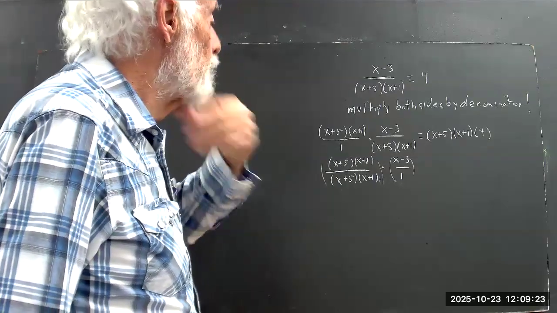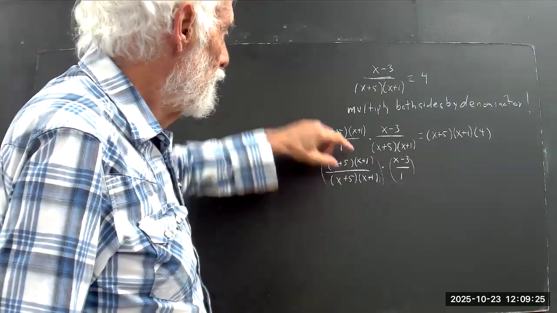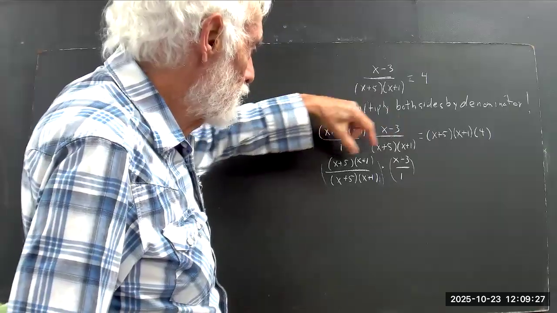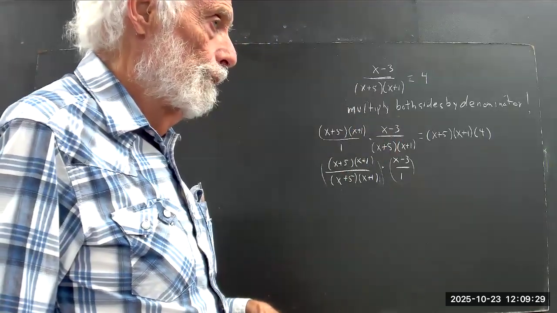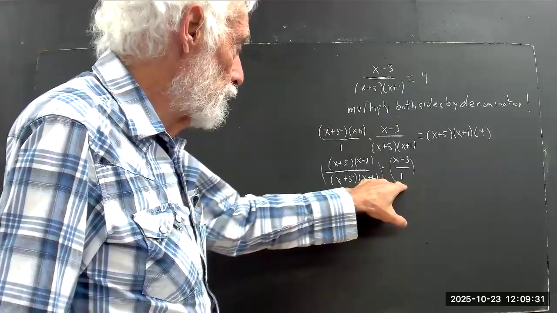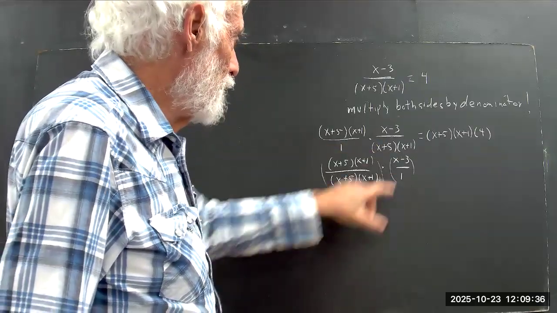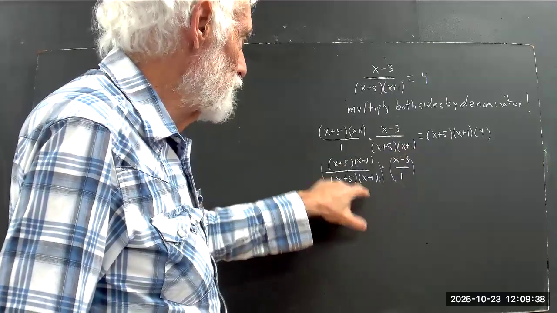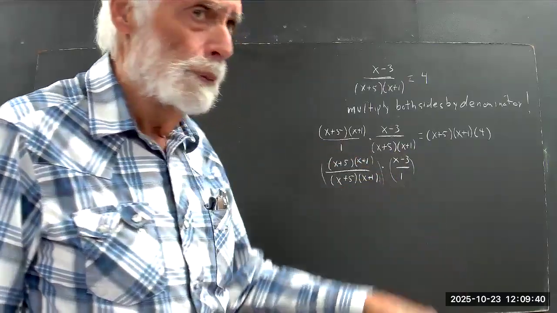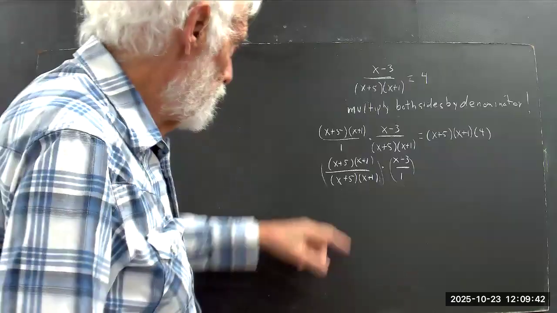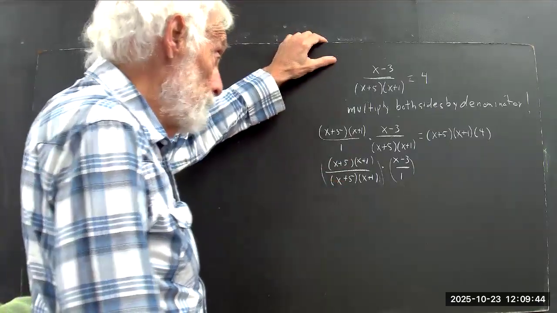If I multiply the numerators here, they're exactly the same, so they're going to give me exactly the same result. If I multiply the denominators here, I get the same thing as if I multiply the denominators here, because this is the same as this, and in each case, it's multiplied by 1. Okay? Now I know that this over this is 1.